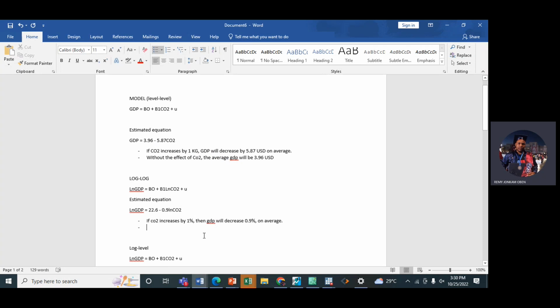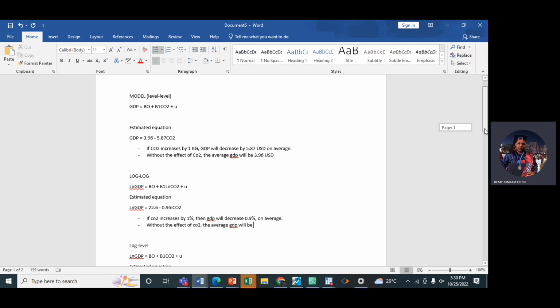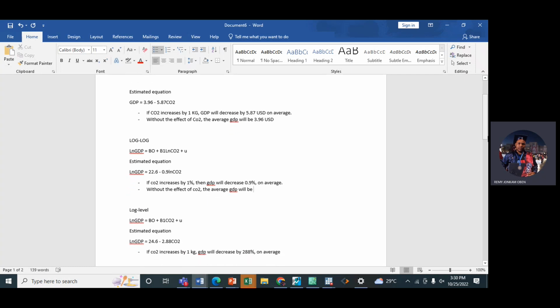So this one is telling you that without the effect of carbon dioxide, the average GDP will be 22.6%. That's how we interpret the constant, and we are using percentage because it is log.